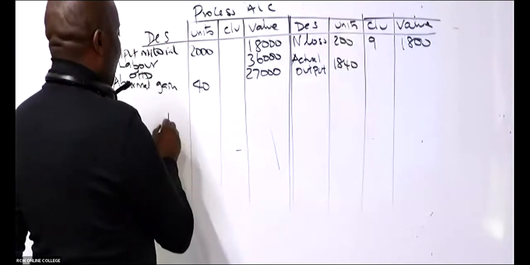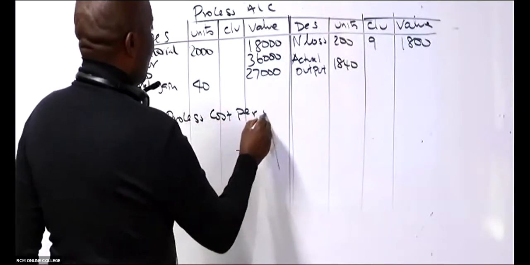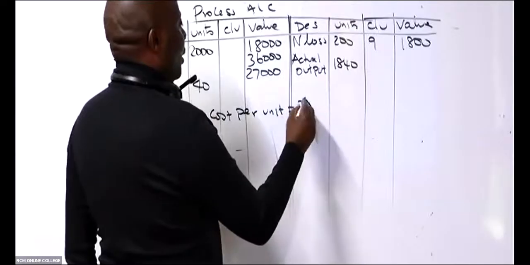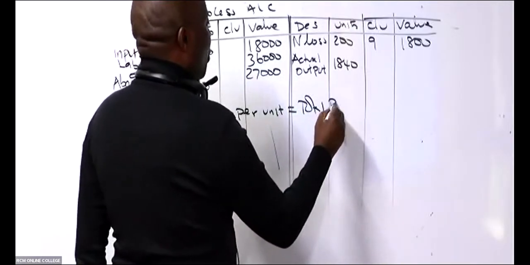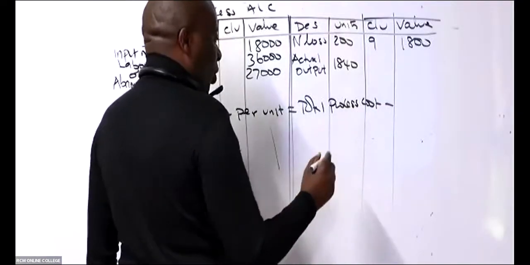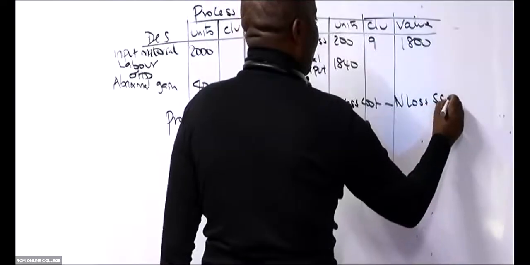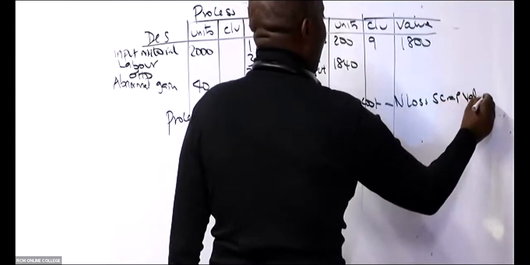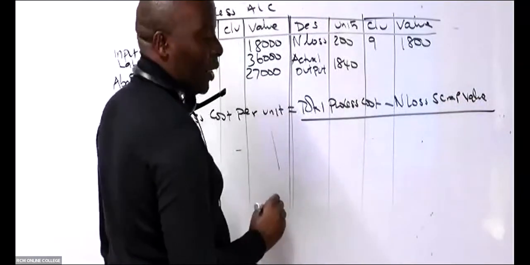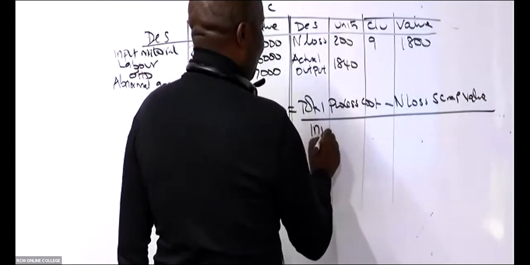Process cost per unit equals total process cost minus normal loss scrap value, all over input units minus normal loss units.